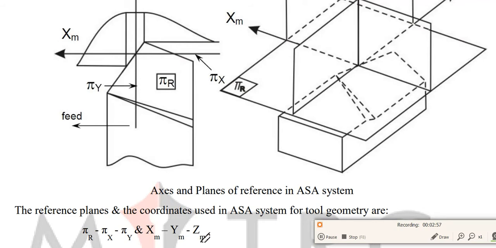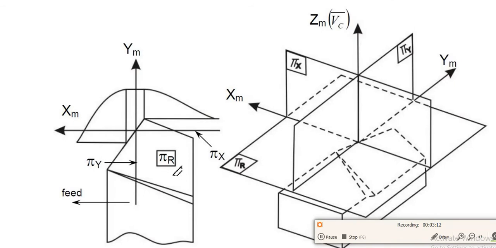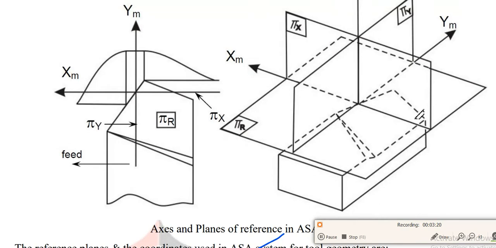So these are the reference planes and the coordinates used in the ASA system for the tool geometry. These are the various reference planes, and these are the coordinates of the individual planes.